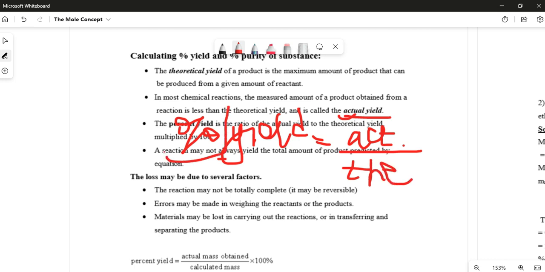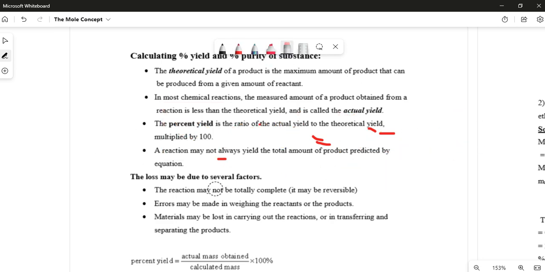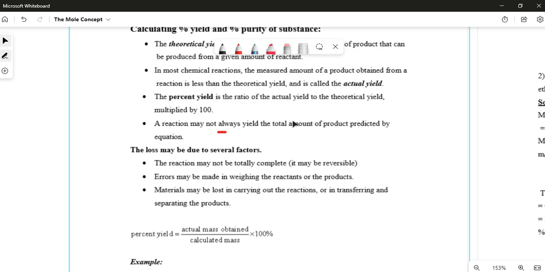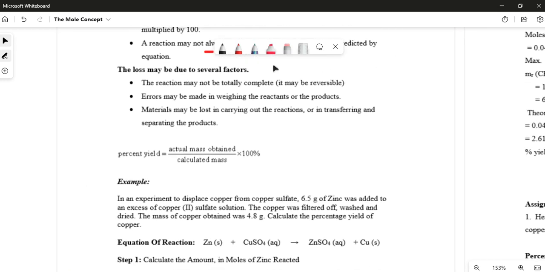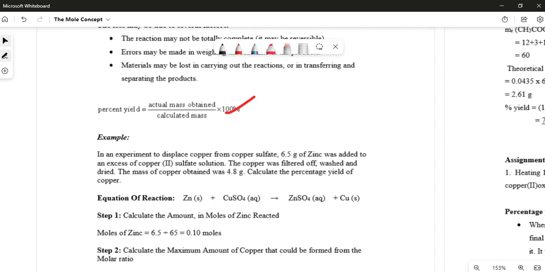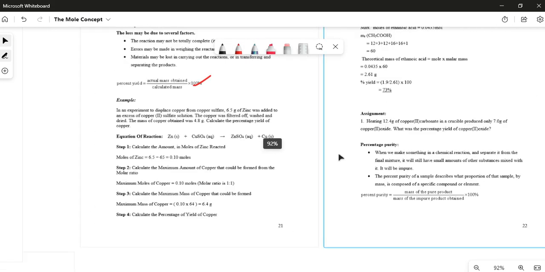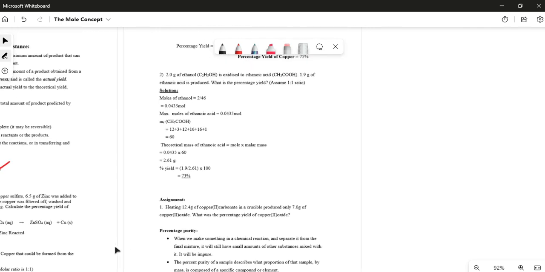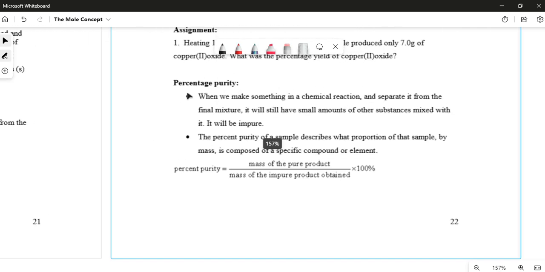And then since it's percentage, you multiply this by 100 and you get your percentage yield. A reaction may not always yield the total amount of product predicted by the equation. As I was saying, actual mass obtained over calculated mass times 100. Easy. Let's move on. These are just some examples, and then percentage purity.